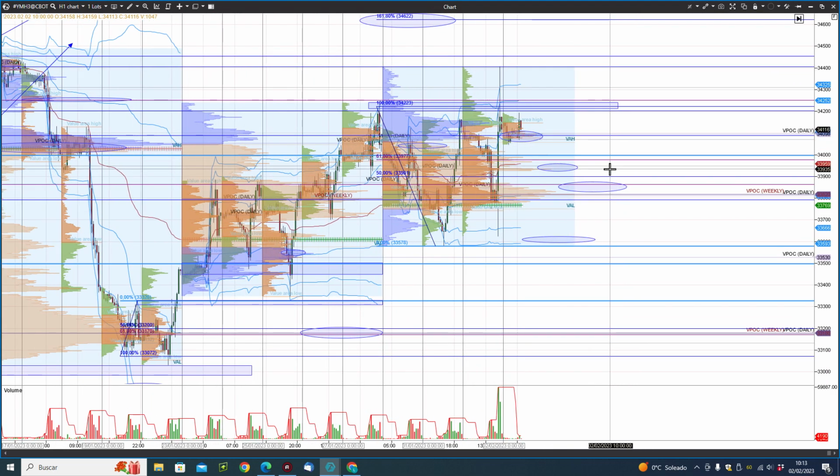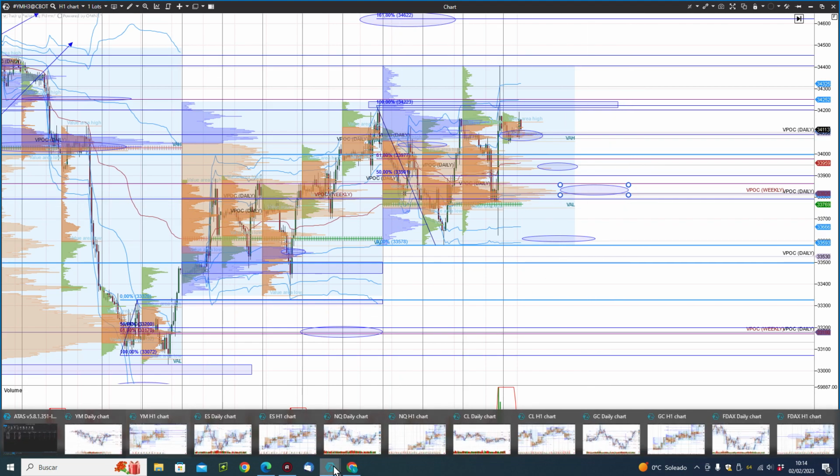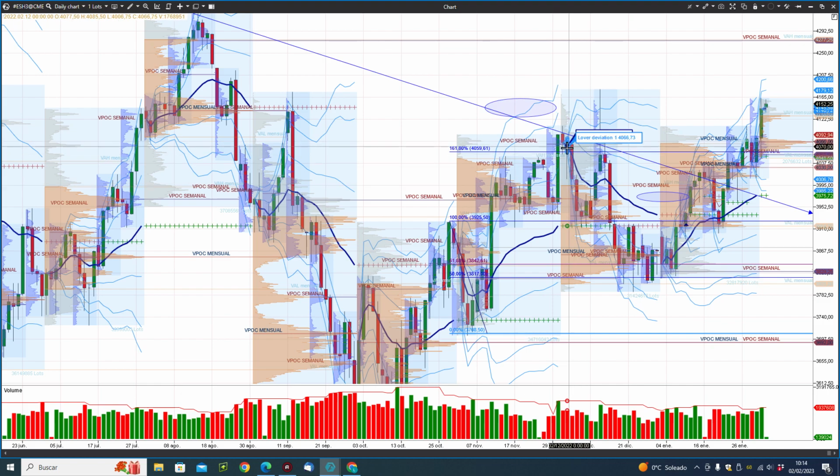About lower targets, high volume node inside the value area of this week, 33,931, and the secondary target would be the current weekly VPOC about 33,820.